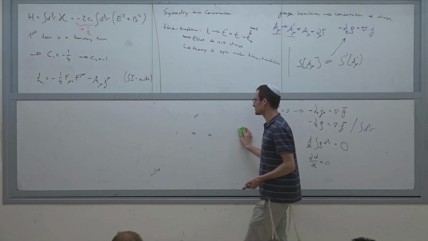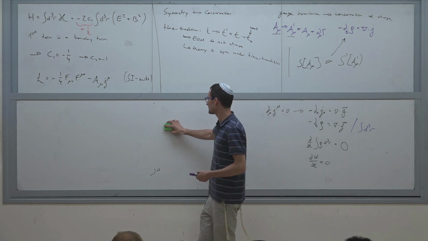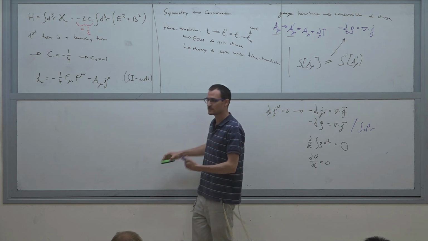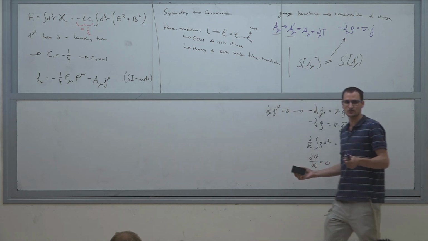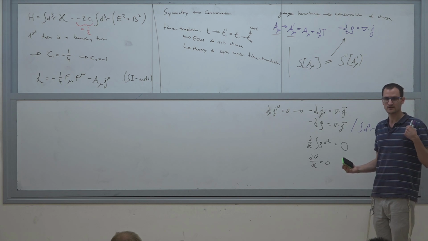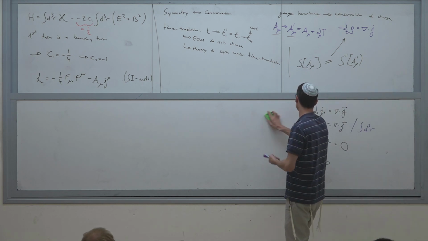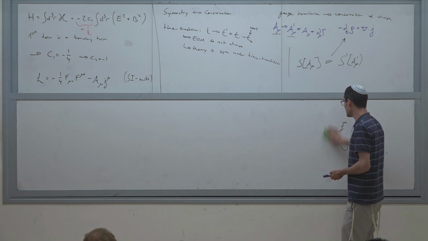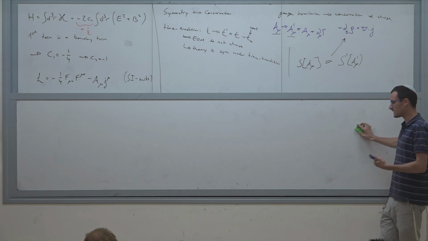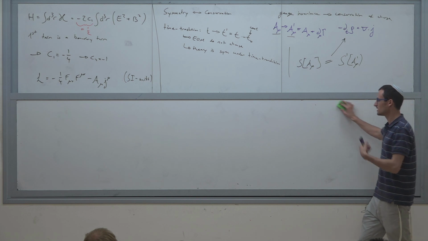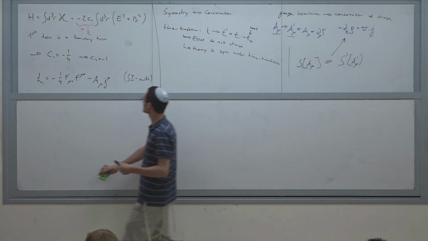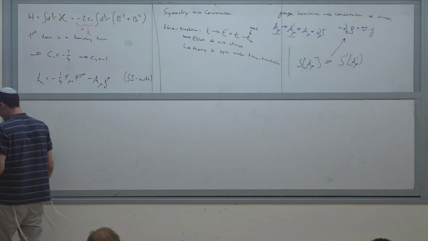And for some reason, you're able to guess a Lagrangian, and then you discover that your Lagrangian has a symmetry which you did not intend to have initially. You suddenly notice that it has a symmetry. That means you have now discovered a conserved quantity that you did not know of beforehand. And this has been done multiple times in history, so it's actually quite a nice thing to know and do.